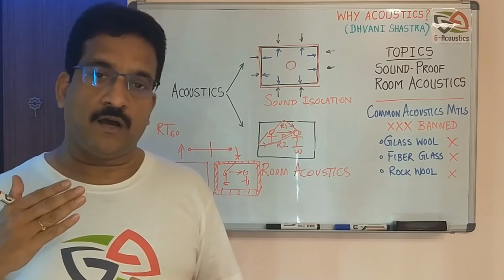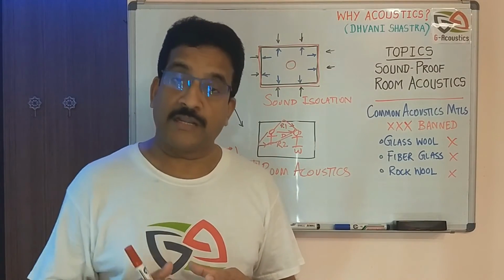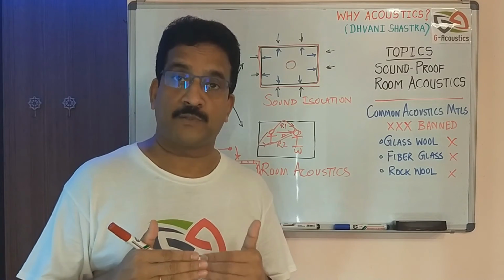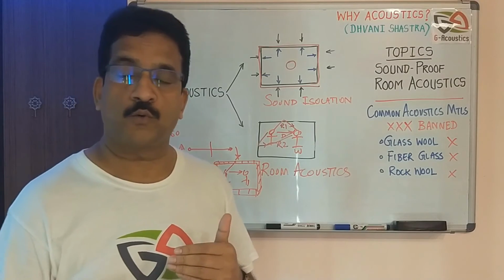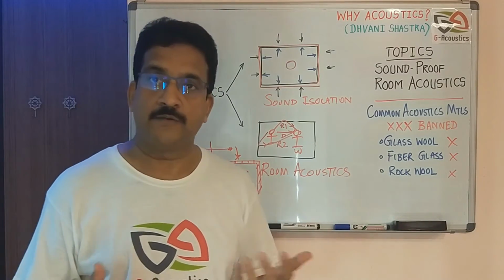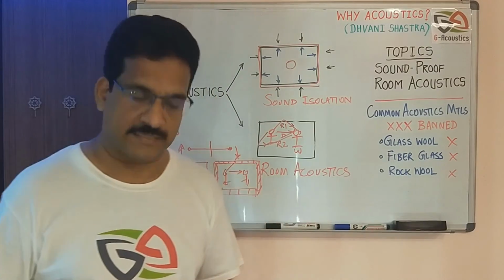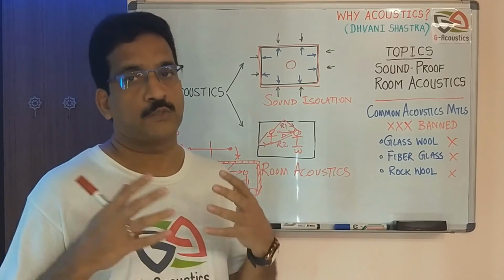That's why for a soundproof room, the door has to be a particular grade. We ensure that the gaps within the door are taken care of, there are no gaps below the door, and so many things have to be taken care of in terms of design as far as soundproofing is concerned. And in the same way, room acoustics is very important.